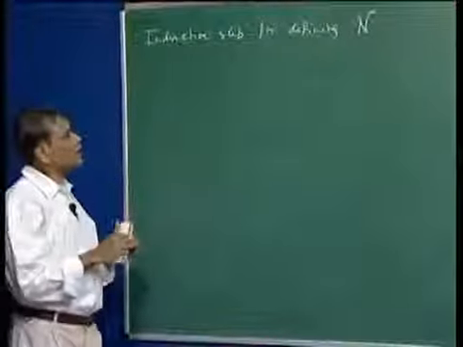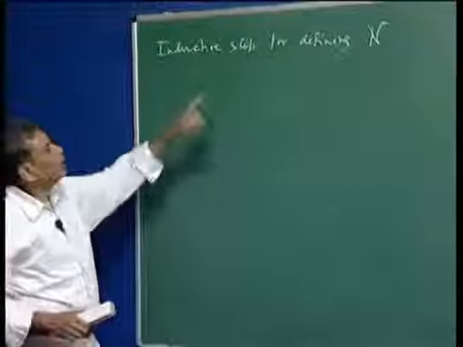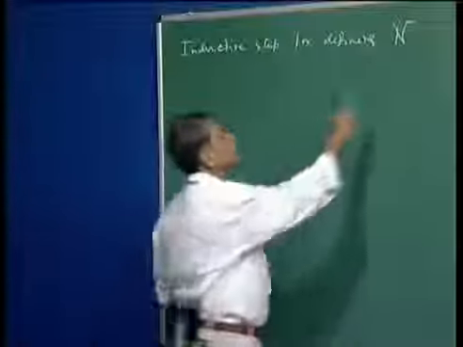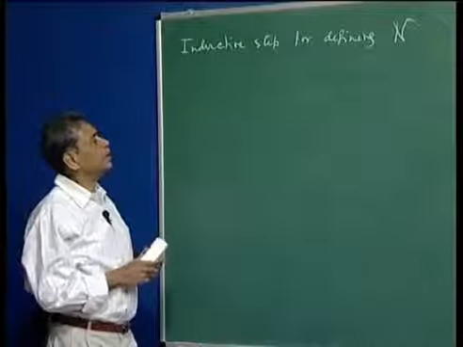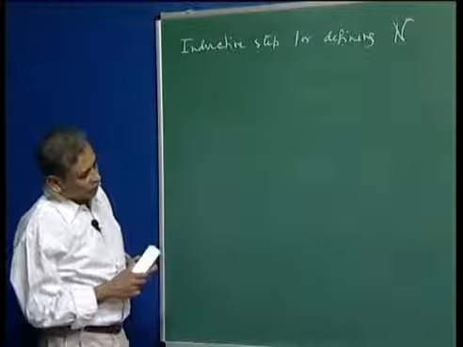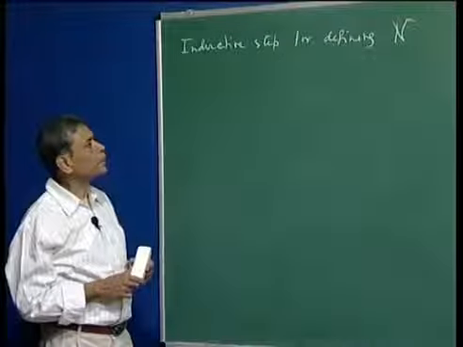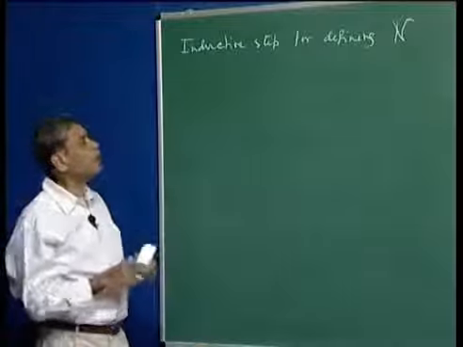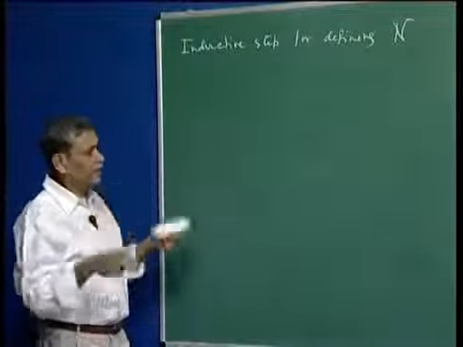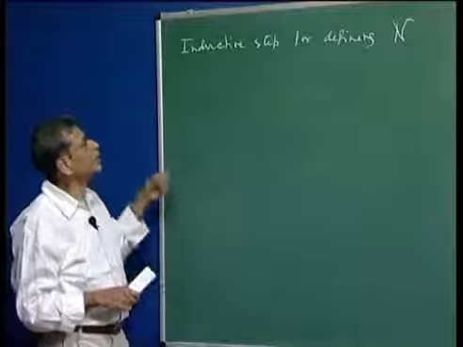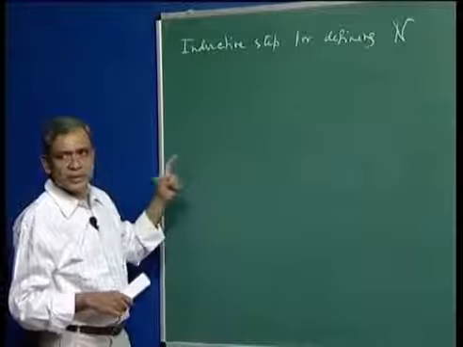Let us say at some given time I have defined a set which consists of nullable symbols that I have identified so far, and at every stage of this construction, we look at all productions.